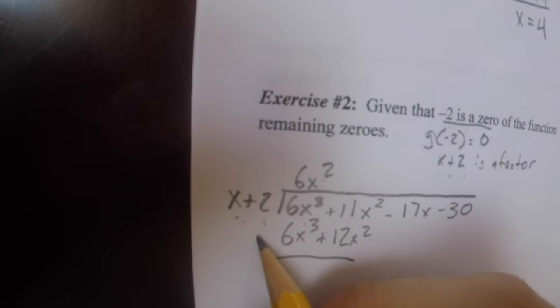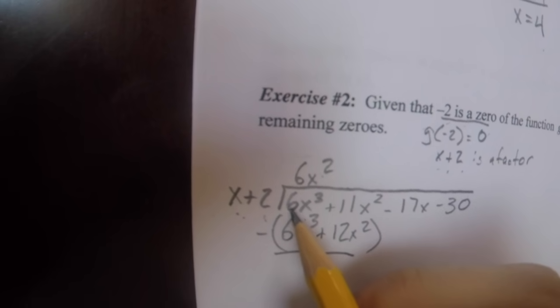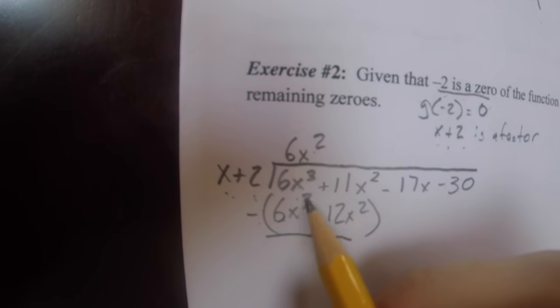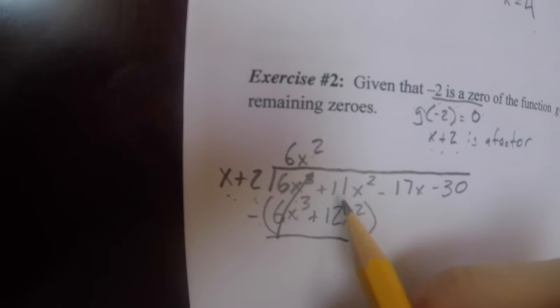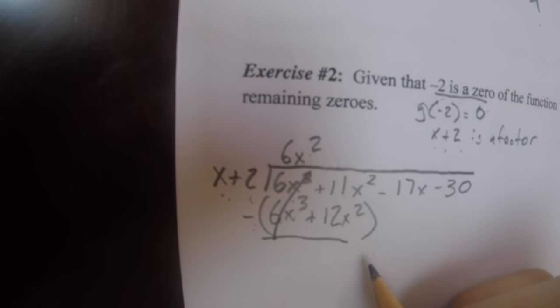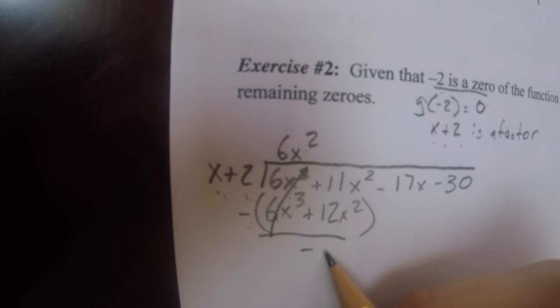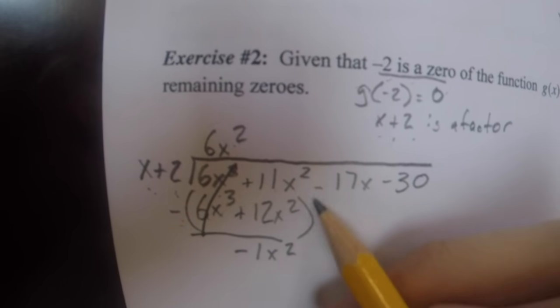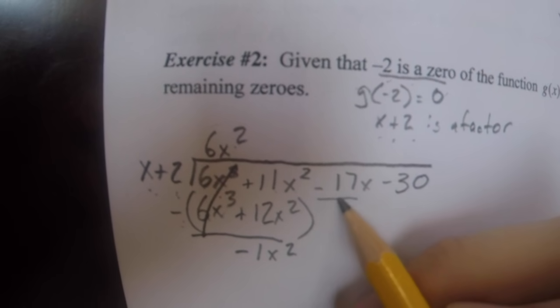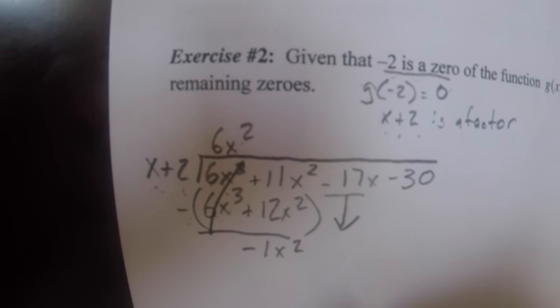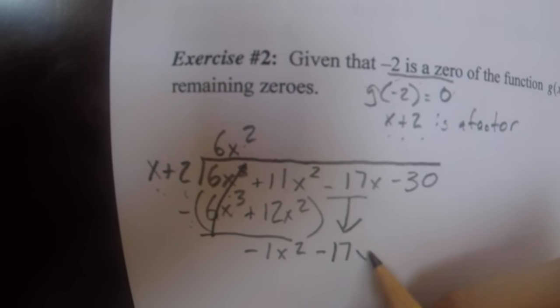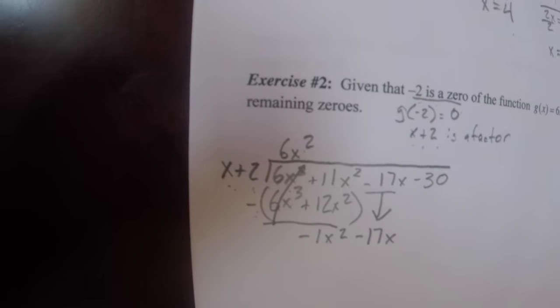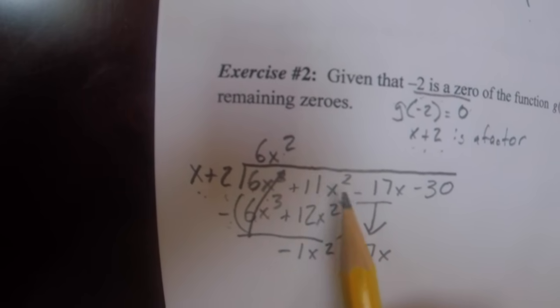And then remember, we're subtracting the entire thing. 6x to the third minus 6x to the third cancels. Beautiful. 11x squared minus 12x squared would be negative 1x squared. Then we're going to bring down our negative 17x. All right.